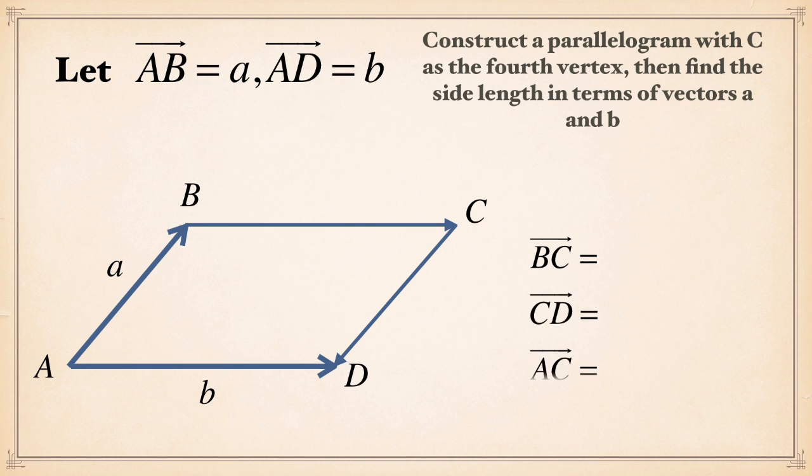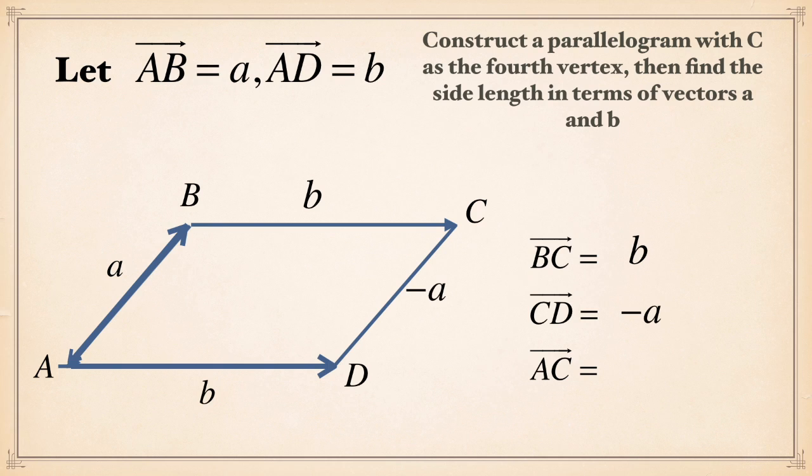So BC is exactly the same as AD. That means vector BC can be written as B. They're the same size and they're parallel. If we have a look at vector CD, C to D, it's parallel and the same size to AB, but it's going in the other direction.